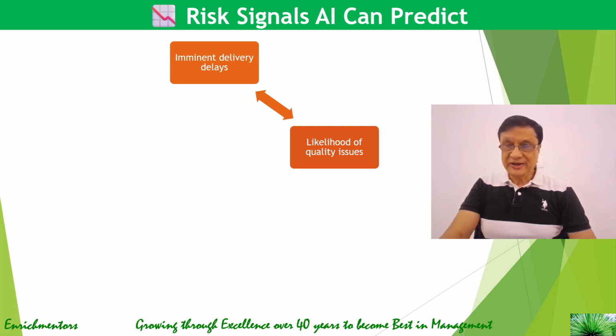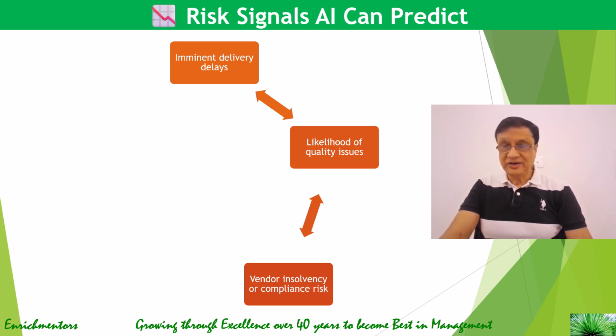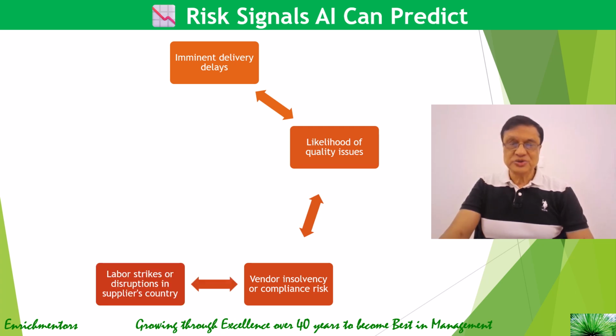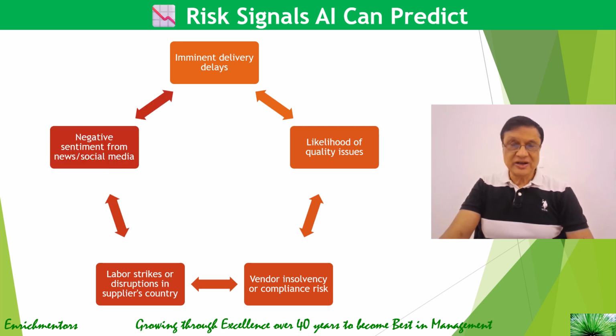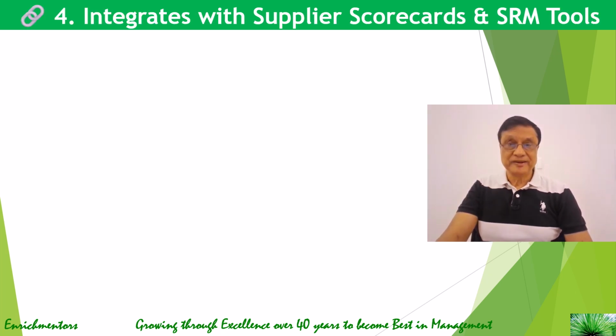It can also detect vendor insolvency or compliance risk, whether the vendor would have enough funds or would be compliant with your requirements. Labor strikes and disruptions in suppliers' countries can also be detected using these algorithms, as well as negative sentiment from news and social media. So these are a variety of risk signals that AI can predict.